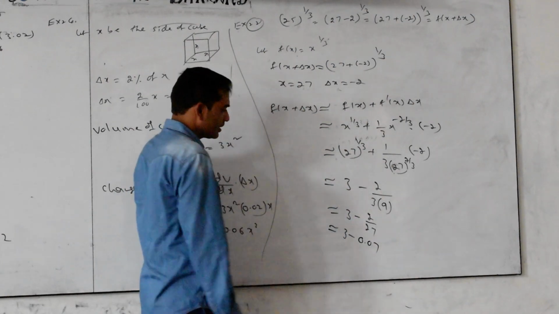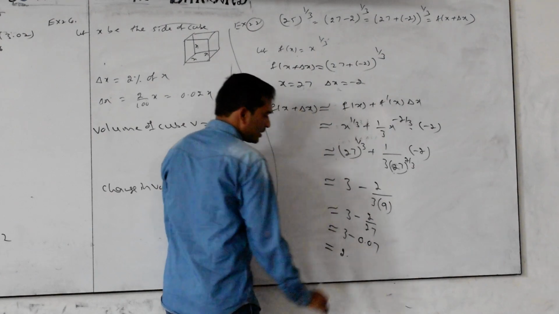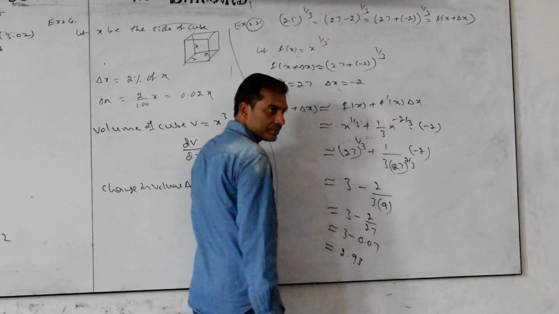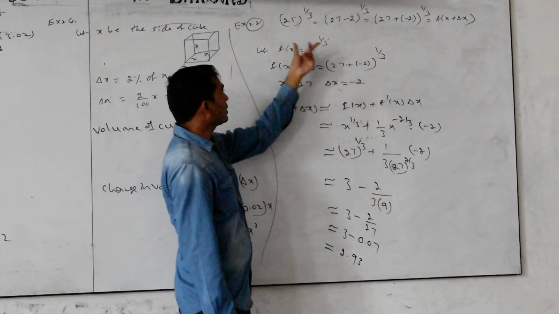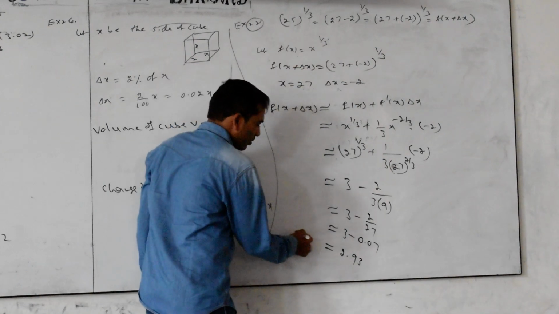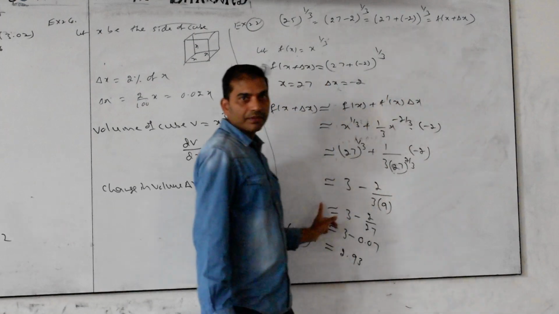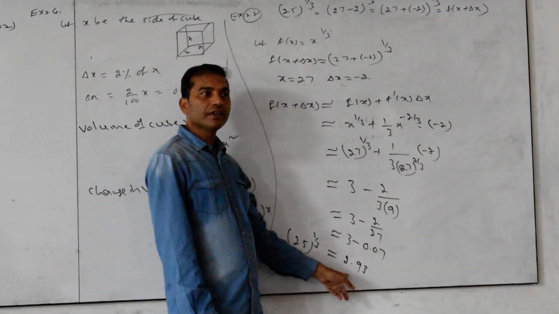So 3 minus 0.07 equals 2.93. This is f of x plus delta x, nothing but 25 whole power 1 by 3. So the cube root of 25 equals 2.93.